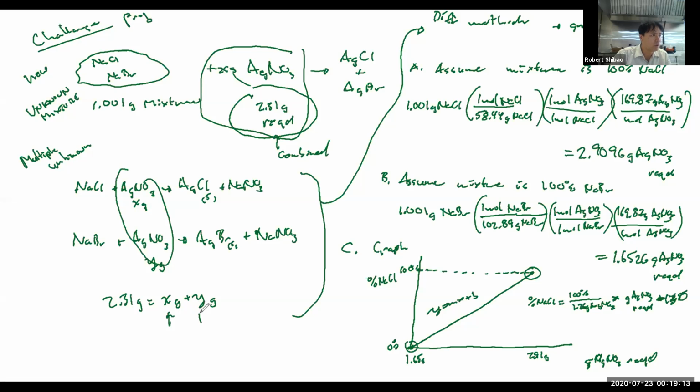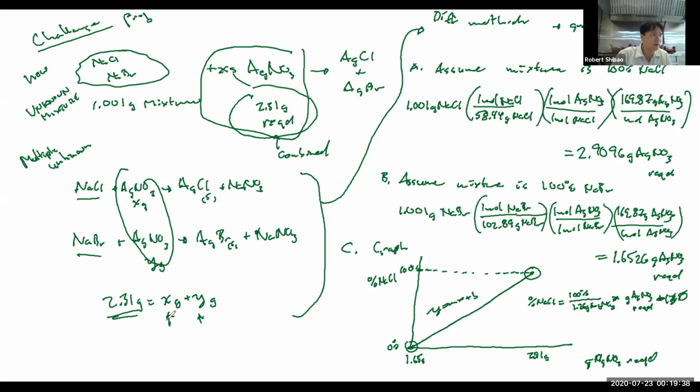X is an unknown and Y is an unknown. Based on this total, we can get a unique percentage of these here, because each of these uses a different amount. And so the total will be unique. The total tells us exactly how much sodium chloride and sodium bromide there is, the X plus Y.